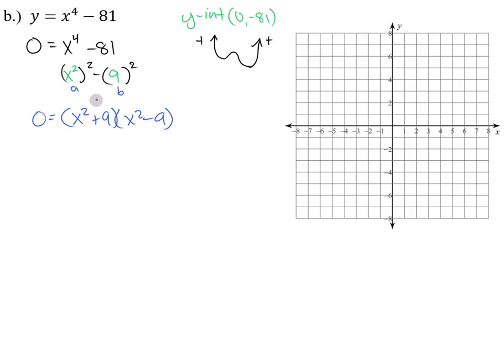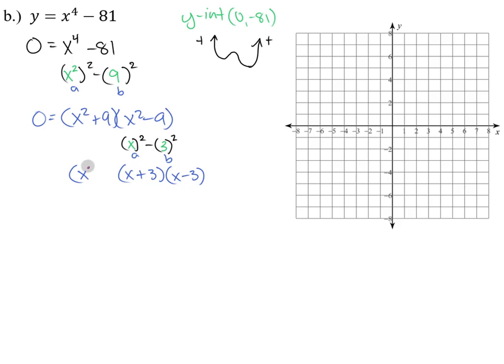But hold the phone, this is another difference of squares, x squared minus 9. So we can factor this further using our difference of squares pattern. This is x times itself twice and 3 times itself twice. Remember, the sum of squares does not break down further, but the difference of squares over here does factor as x plus 3, a plus b, and a minus b, x minus 3.